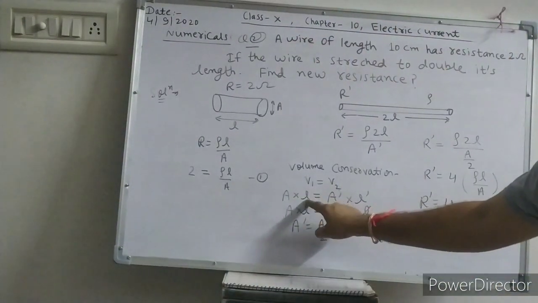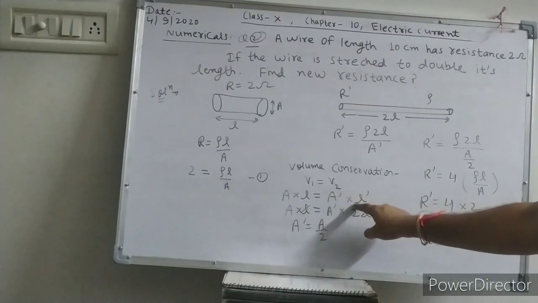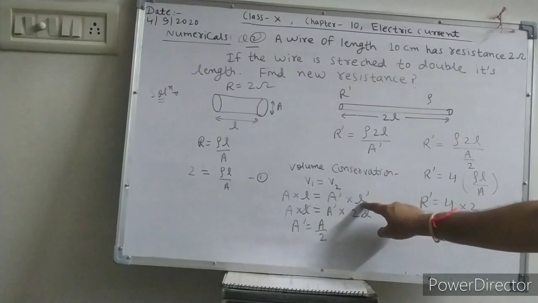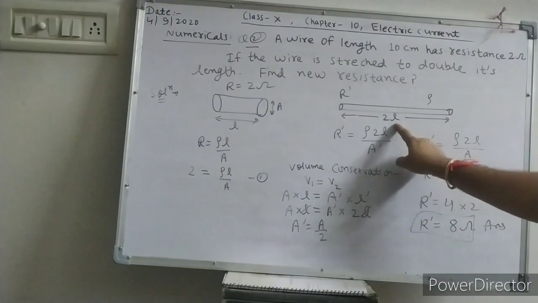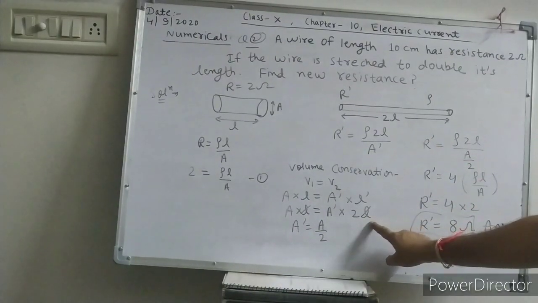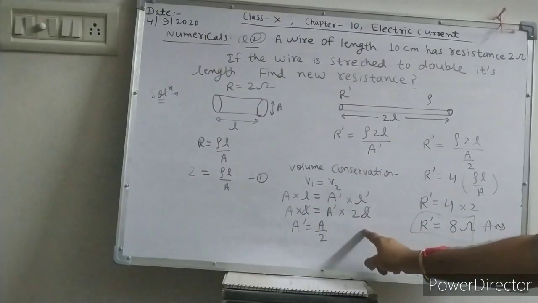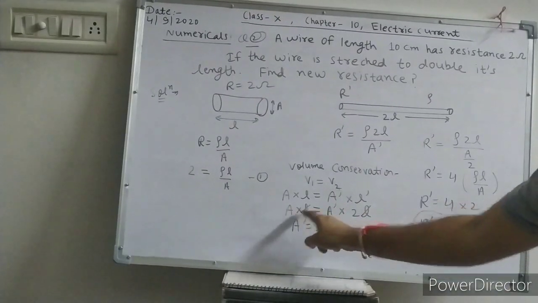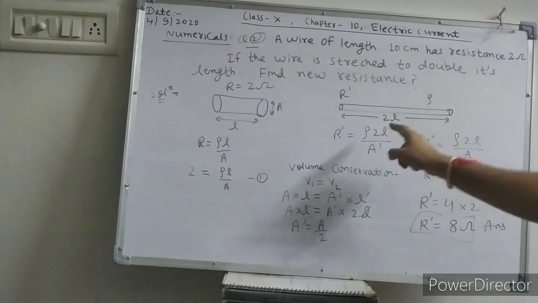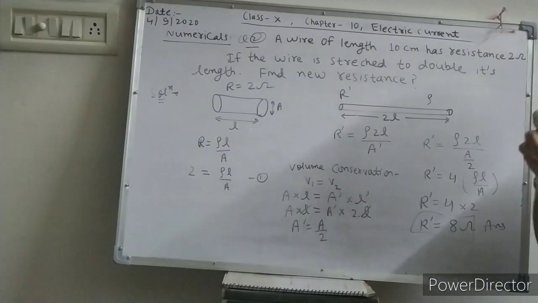So A into L equals A dash into L dash. Now what is L dash here? L dash is double the length, so 2L. How do you calculate the new area? L cancels, so A dash equals A upon 2. So if length is double, area will be half.